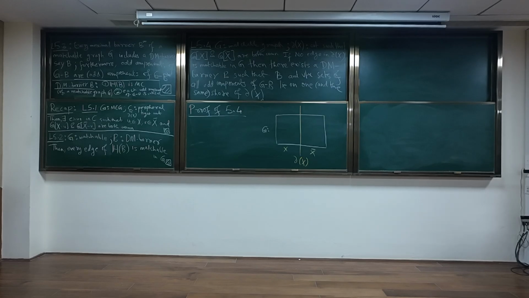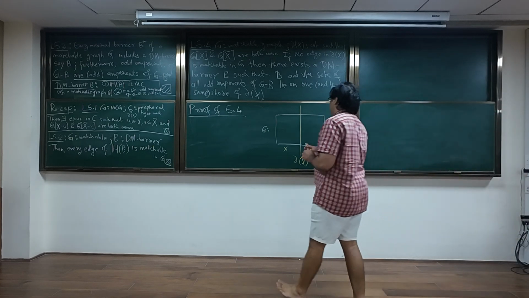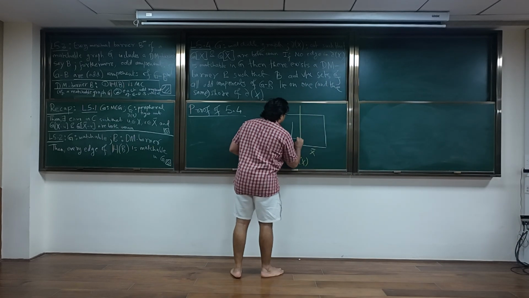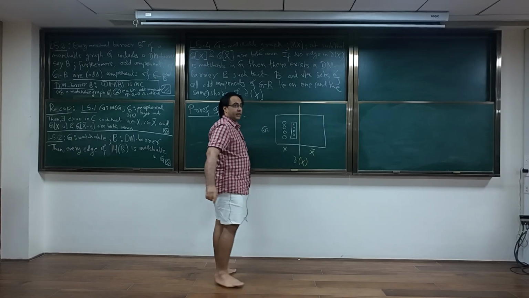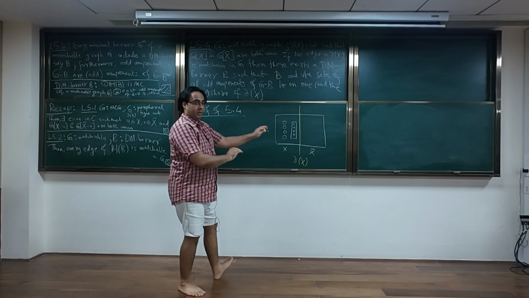They'll all live on one and the same shore of this cut. So what we want is a drawing like this. We want a barrier and all the odd components live here. This is what we want.